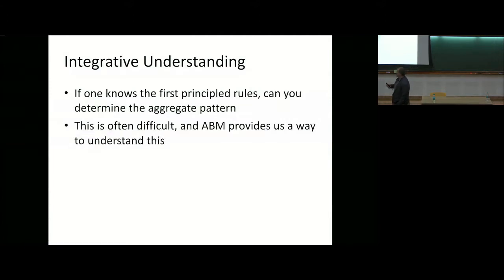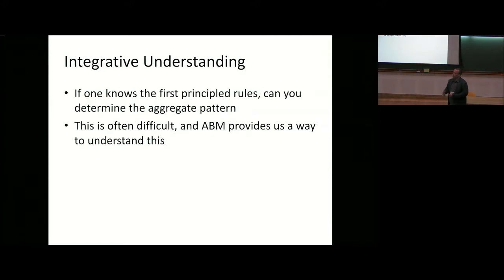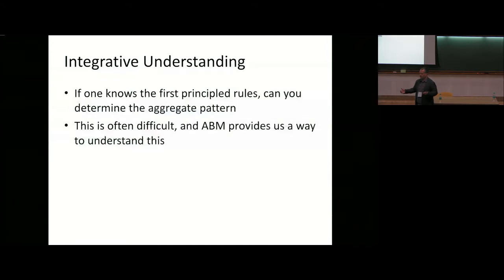Moreover, there's this notion of integrative understanding. If I know what the first principles are and how they interact to generate the large data sets on the other end, I have a better understanding of how I might manipulate that system to affect those results. If all I know is statistical modeling, where I take the empirical data and represent it in a simpler form with means and standard deviations, that doesn't tell me how to manipulate those results.